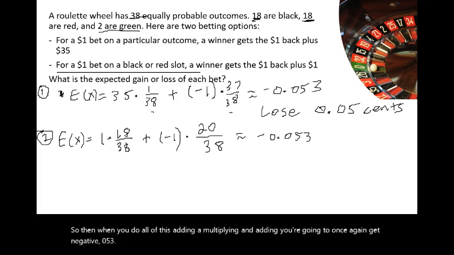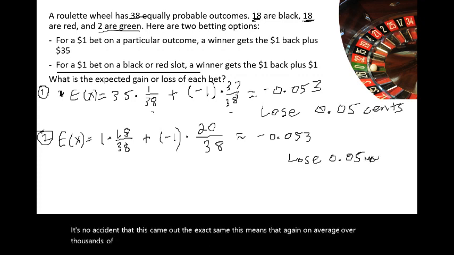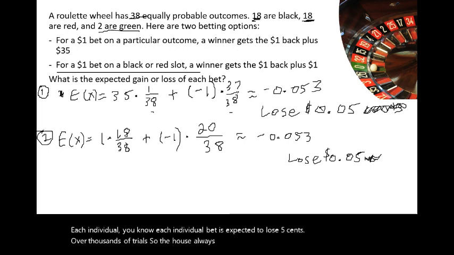It's no accident that this came out the exact same. This means that, again, on average, over thousands of trials, each individual bet is expected to lose 5 cents. So the house always wins, even if some people get lucky.